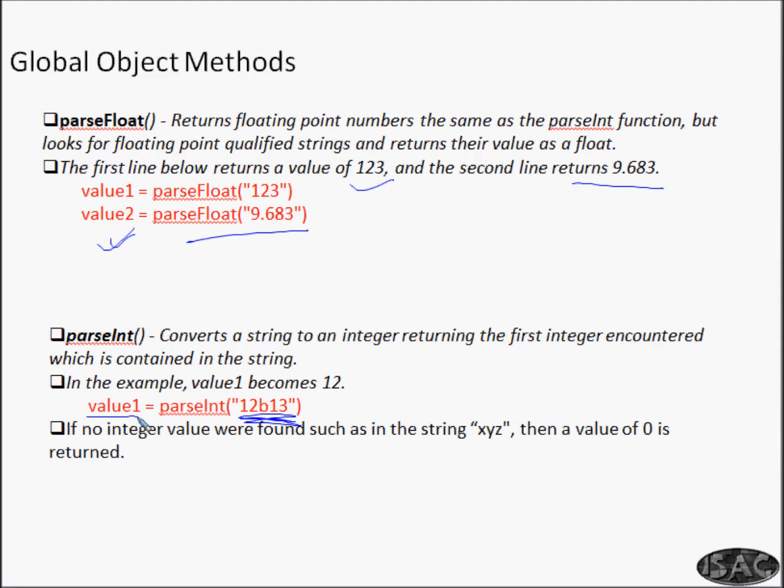Only 12 will be held, right? If no integer value is found, like x y z, and you use parseInt, then the value 0 will be returned. I hope you understood parseInt and parseFloat, right?